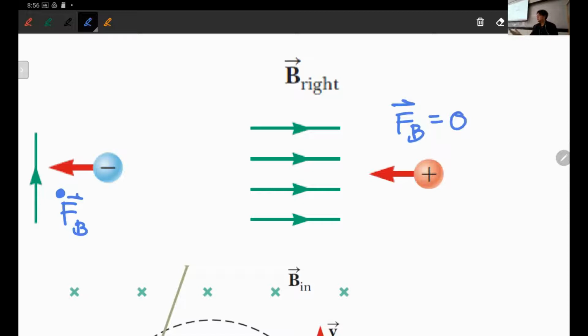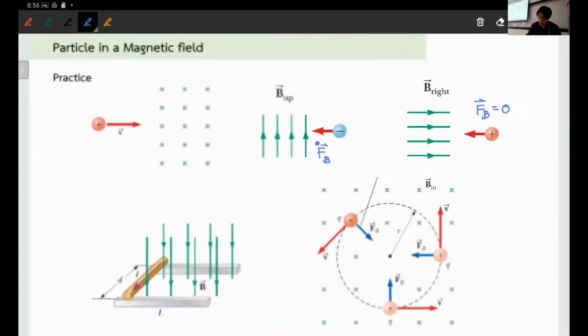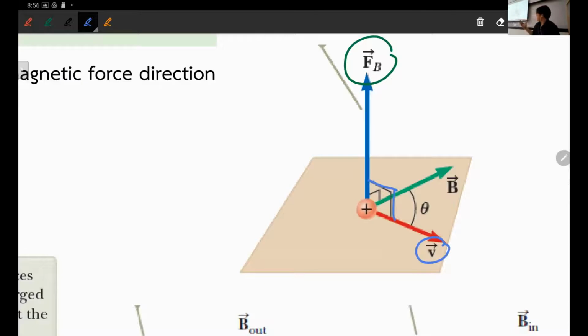Because of the condition that we have already seen, the force due to the magnetic field is always perpendicular to the magnetic field. That's the first thing. But if you notice carefully back here, the velocity vector also has to be perpendicular to the magnetic force. So the conclusion is that these three vectors must always be perpendicular to each other.